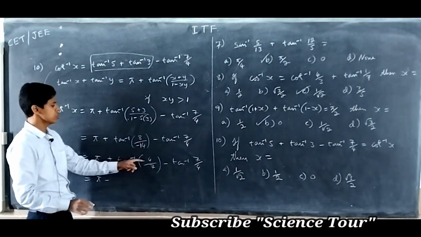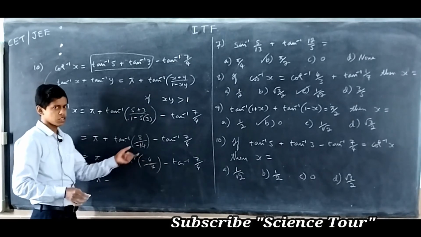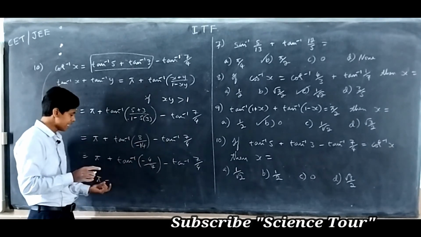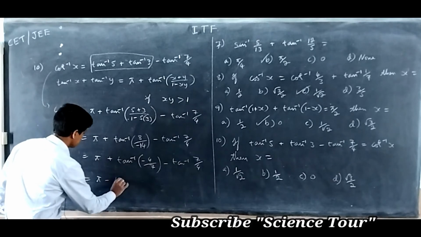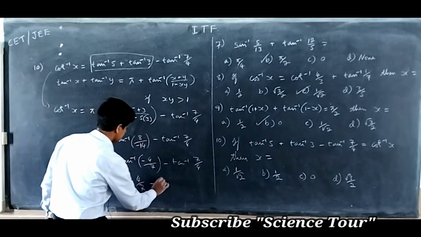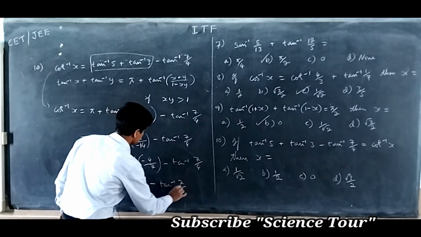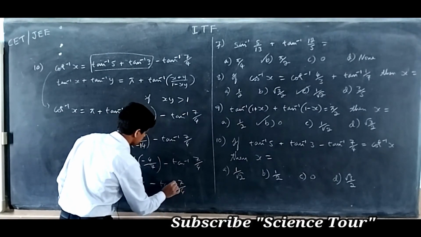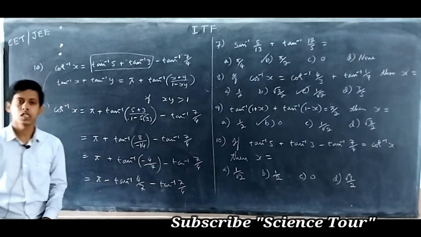See, tan inverse of minus x is minus tan inverse x. So this is minus tan inverse 4 by 7 and minus tan inverse of 7 by 4. What do you see? We can take minus out.